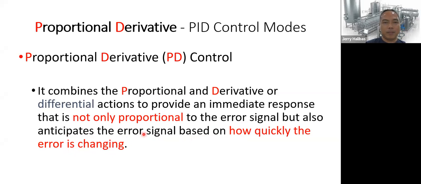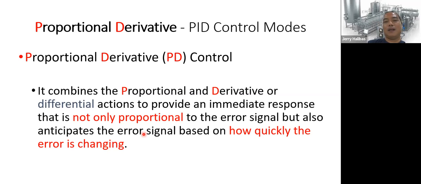Okay, so when you say differential or derivative, it is actually anticipating, no, kanang advance ba? If we're going to make an analogy between the weather condition and the PID controller, the P is your present value, the present weather condition.